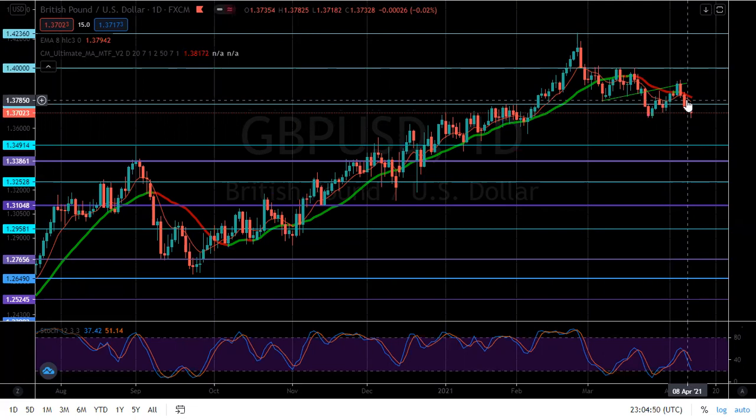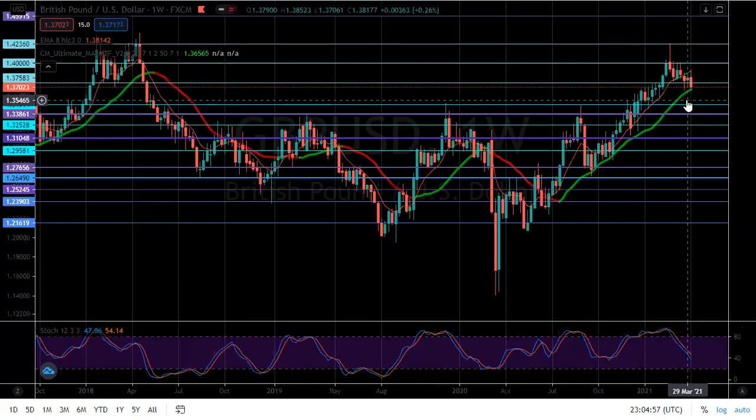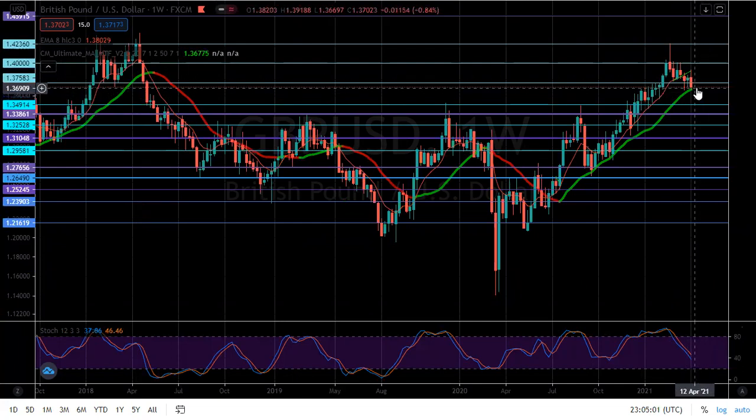Looking at the pound dollar pair, we're looking at the weekly time frame. We'll do a top-down analysis. For this pair, we've seen price go up to test the highs at the 1.3918 area, and we closed bearish.